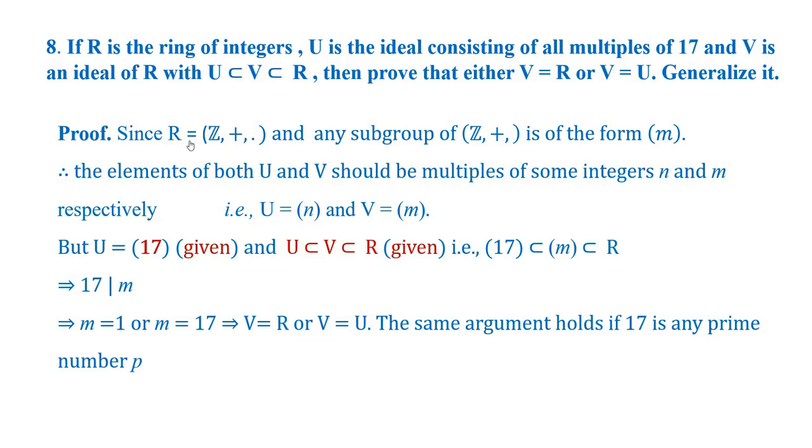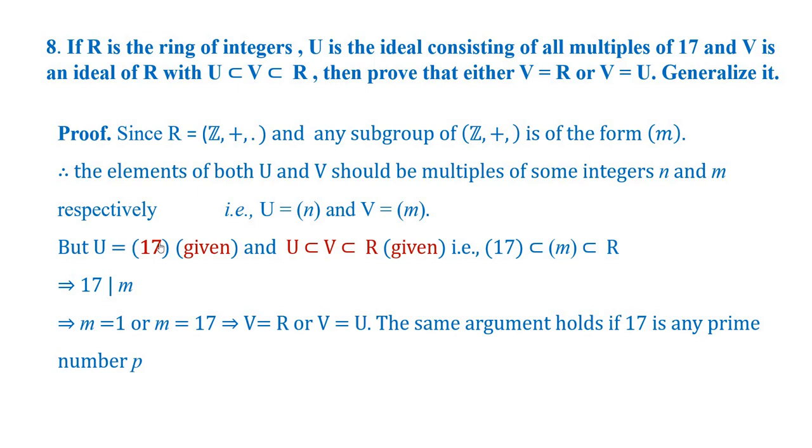Now since R is the ring of integers under usual addition and multiplication of integers, we know pretty well that any subgroup of Z under plus is generated by some integer M. Therefore the elements of both U and V should be multiples of some integers, say N and M respectively. That is U generated by N, say, and V generated by M, say.